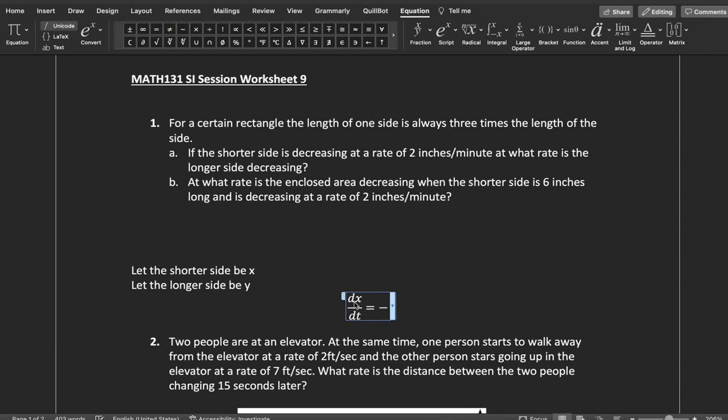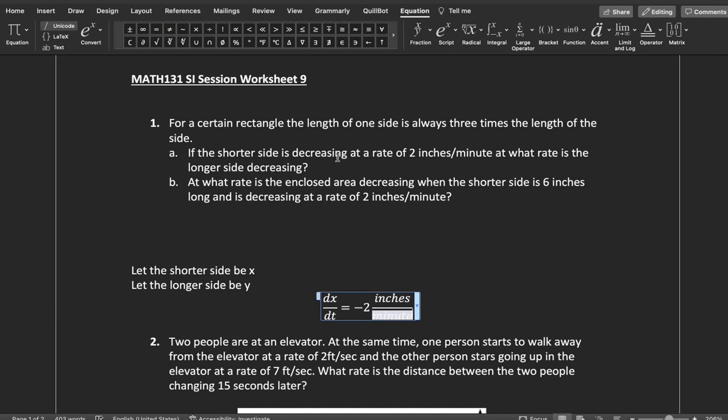So it's a minus 2 inches per minute. So that's what the rate here means. So you need to pay attention to the way the question is phrased, okay?